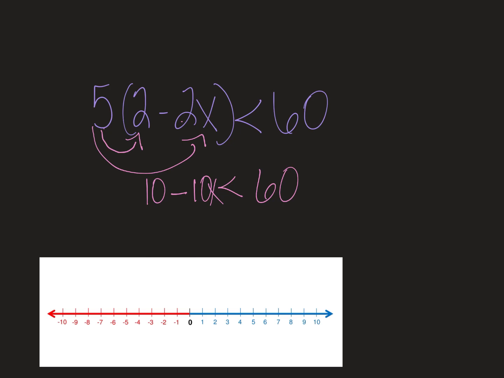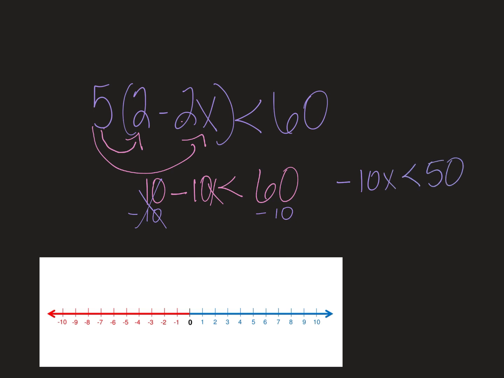Okay, so now what am I going to do? Now you're going to subtract 10 from both sides, right? Because there's a positive in front of this 10, so you're going to subtract 10. When you do that, you're going to get negative 10x is less than 50.